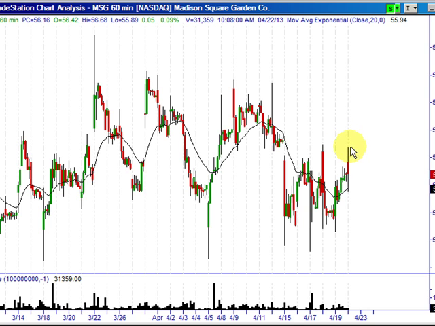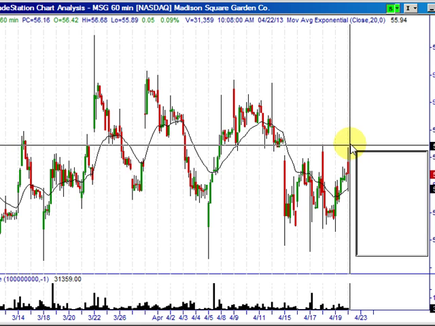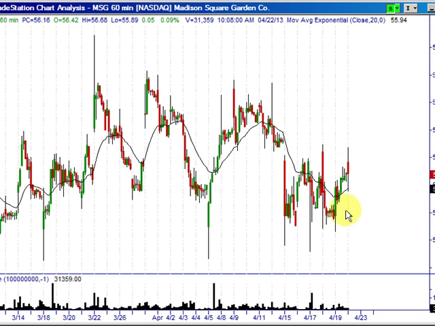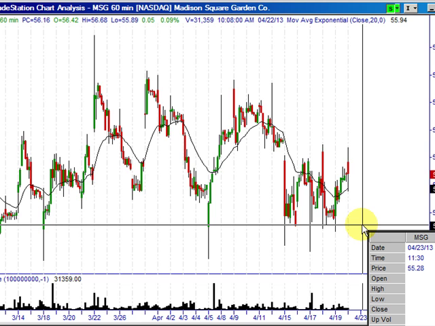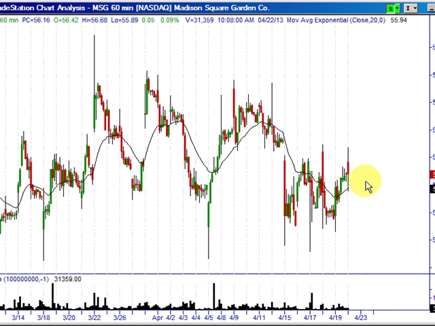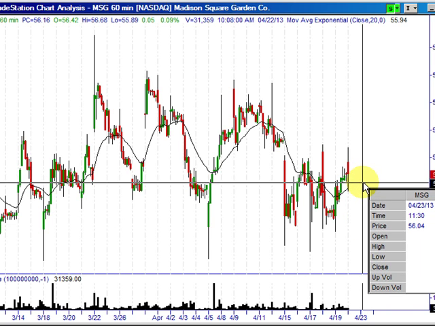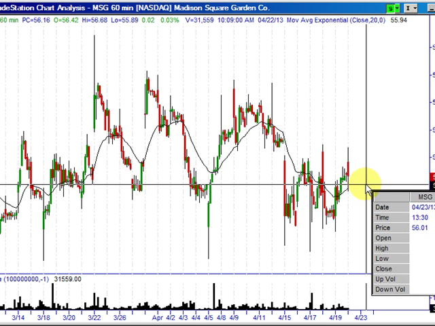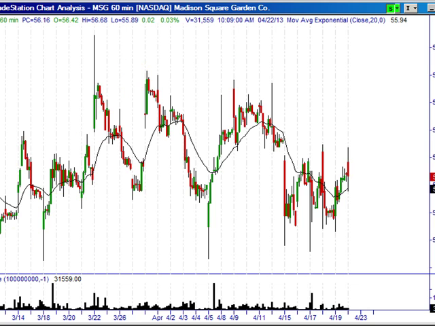So you're going to be looking at a stop around 56.77-ish on MSG, whereas a channel break would be around probably 55.28 or so when it triggers. But if you can get in with a tighter setup, you're looking at closer to probably a break of 56 as your trigger zone.